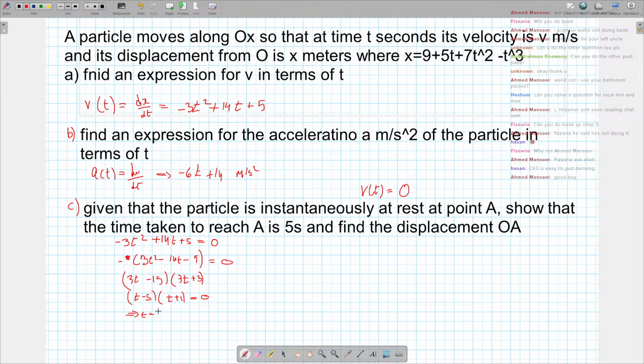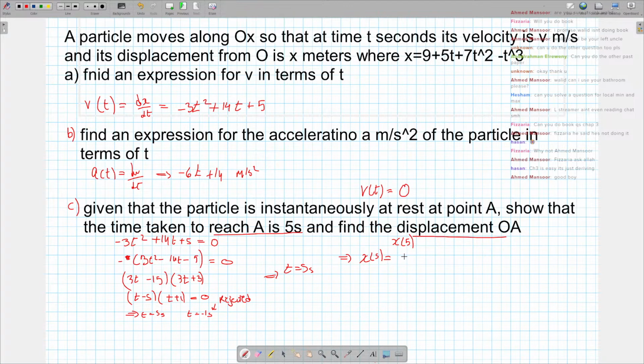That means t equals 5 seconds and t equals minus 1 second. Obviously time cannot be negative, so it's rejected. So t equals 5 seconds. So we got the time taken to reach A is 5. Find the displacement OA. Basically we need to find x of the time we found, which is 5. x of 5 is equal to what?